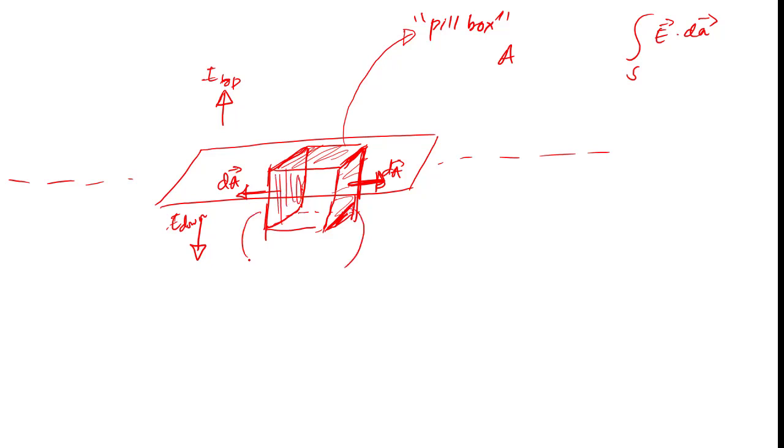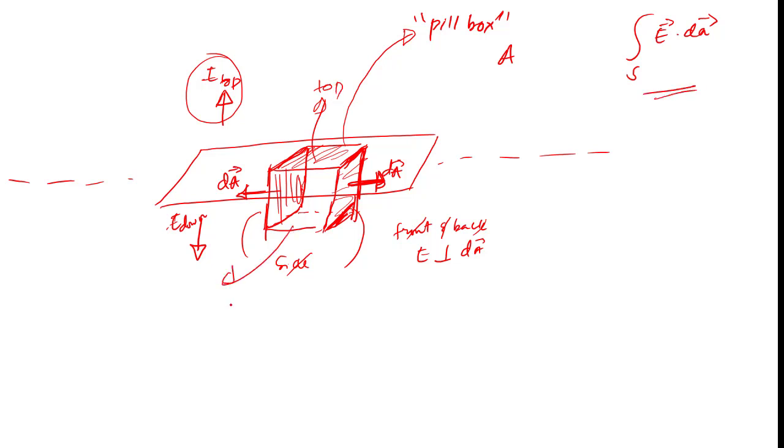So both these side faces have area vector pointing perpendicular to the direction of the electric field, so they don't contribute to the integral. Same thing with the front and back faces, which also have E perpendicular to the area vector. So sides and front and back don't contribute anything. Only the top face and the bottom face contribute to the surface integral.